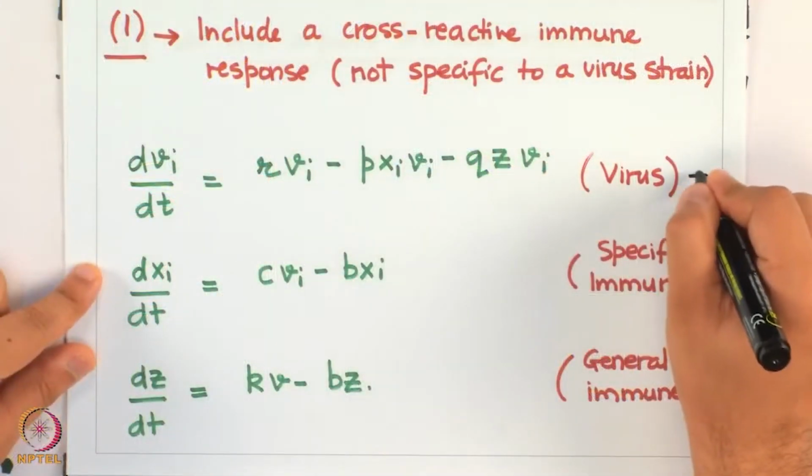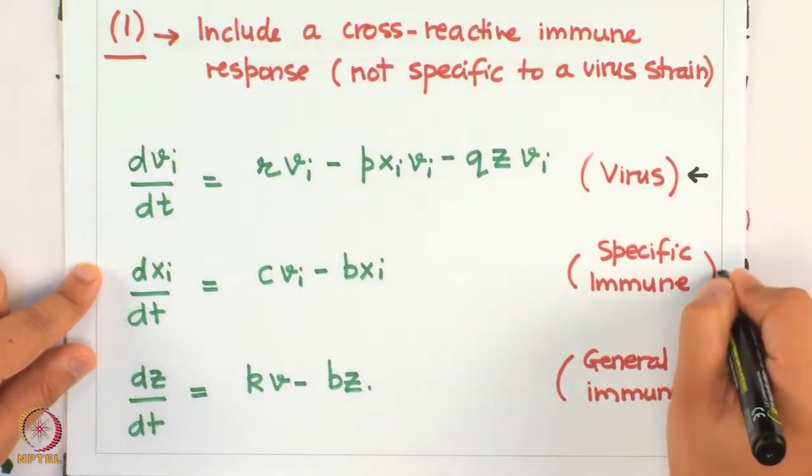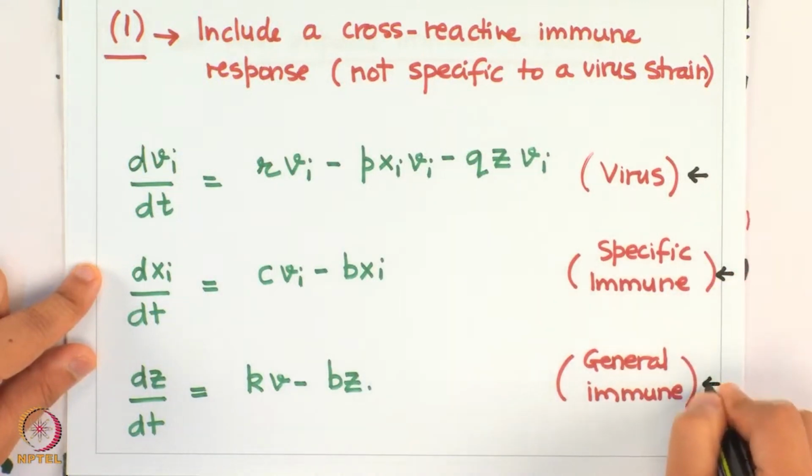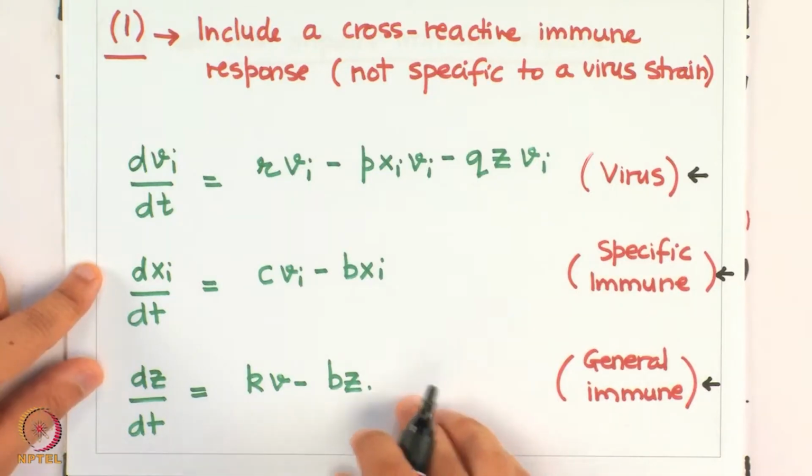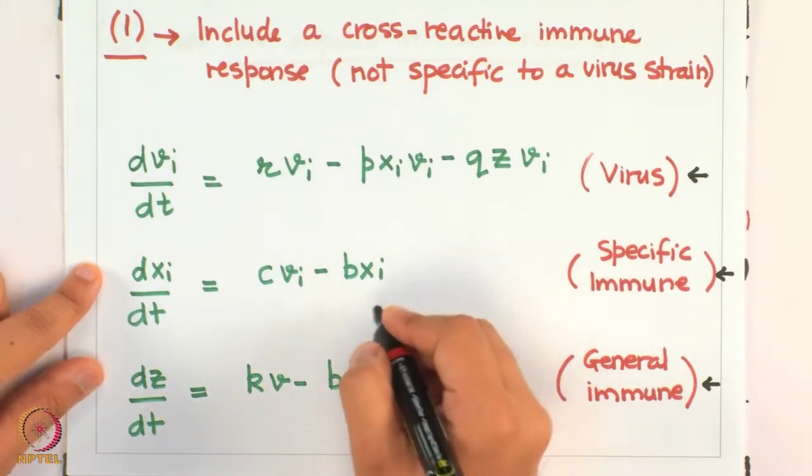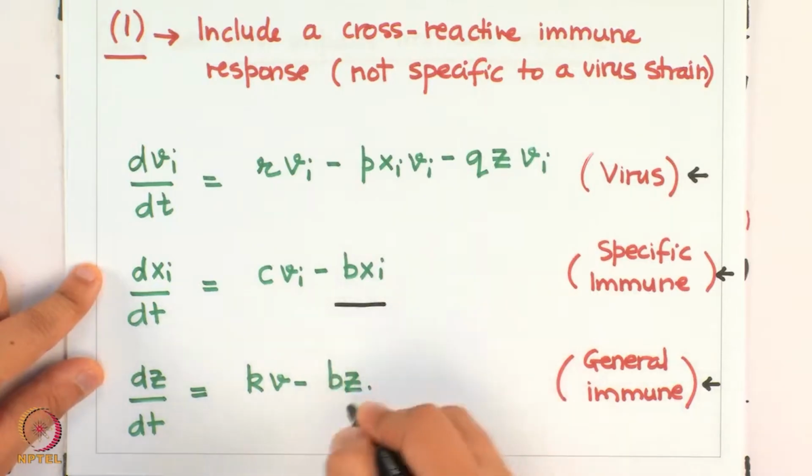So, if we look at our equations, this equation represents the virus dynamics and these two equations represent the immune response dynamics. And what we want to capture is the fact that the virus particles should somehow limit this response.